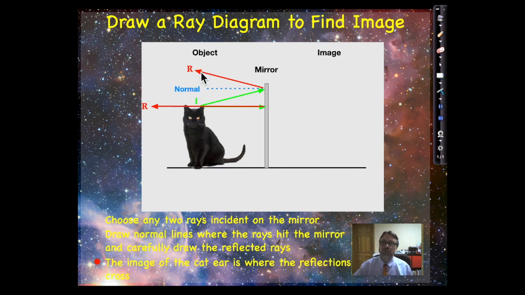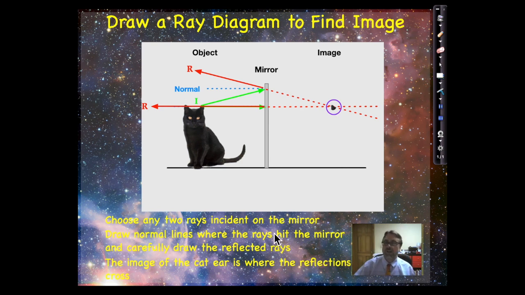Since my reflections don't cross on this side of the mirror, I want to extend those reflections backwards to see where they would appear to cross. The two reflections appear to be crossing right back here. So since that light originally came from the cat's ear, I would see the cat's ear in that location.